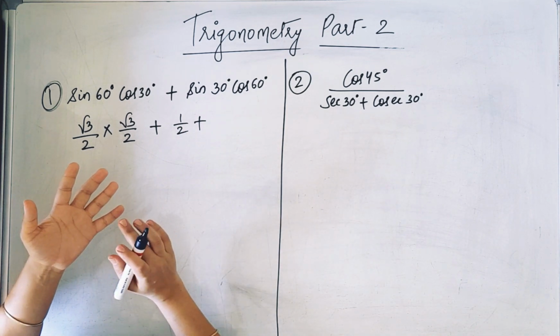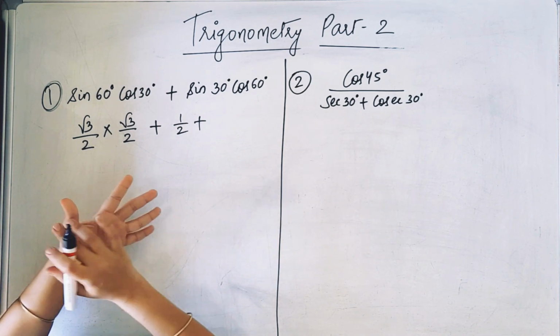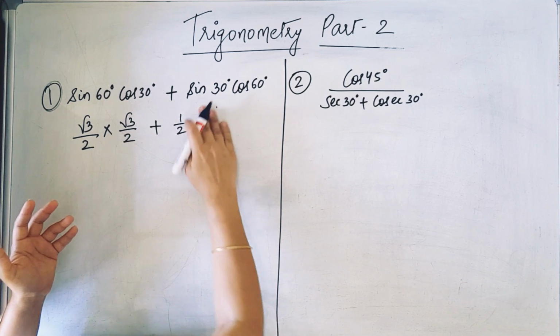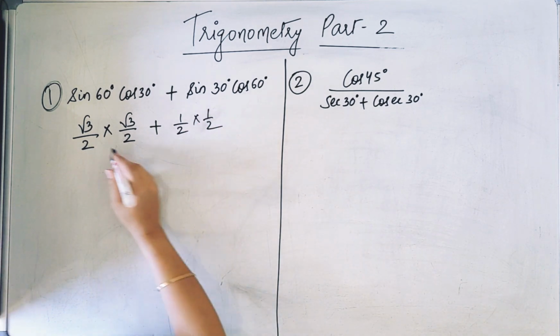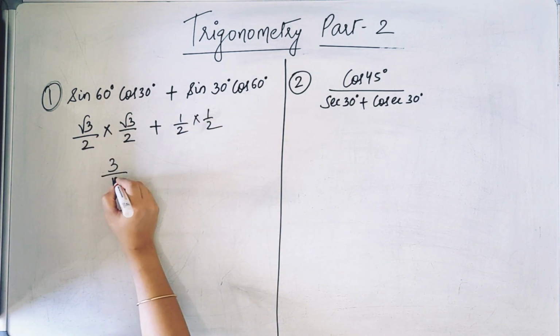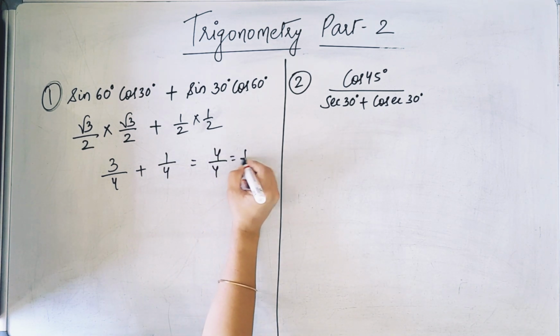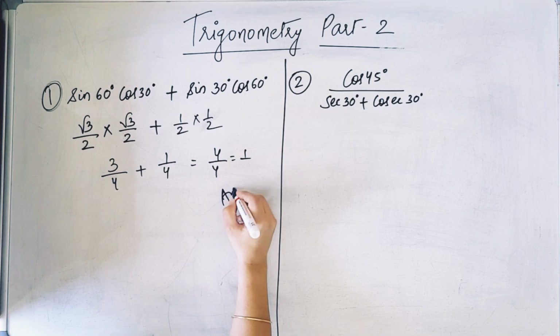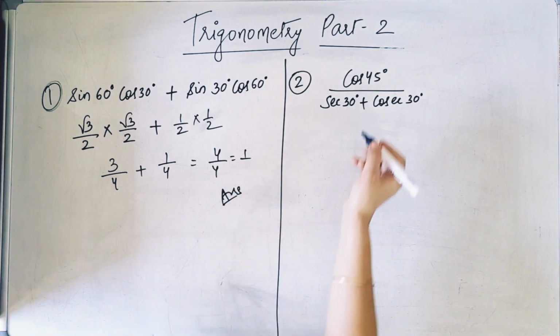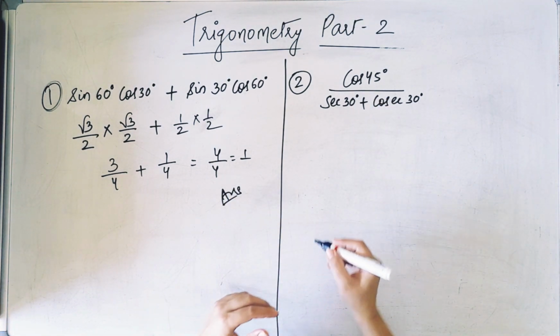Cos 60: 0, 30, 45, 60, here also there is 1 finger, so it will be 1/2. √3 into √3 gives 3/4, plus 1/4, thus 4/4, hence the answer is 1. In a similar manner, we'll solve the next question.